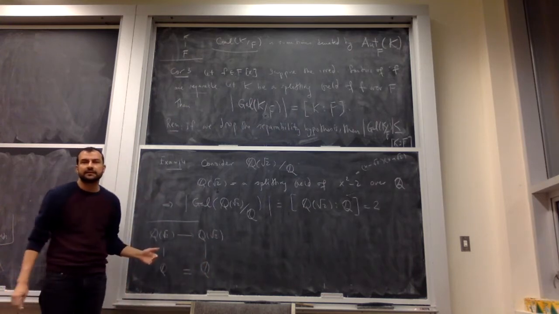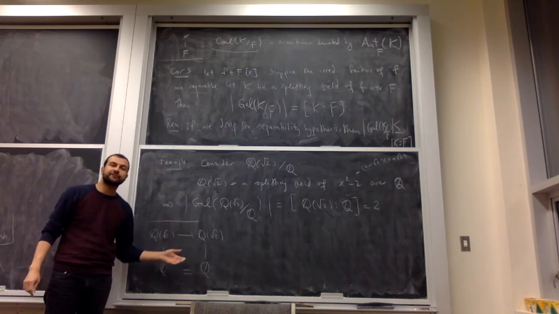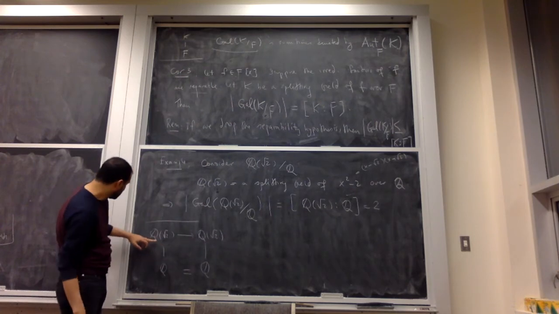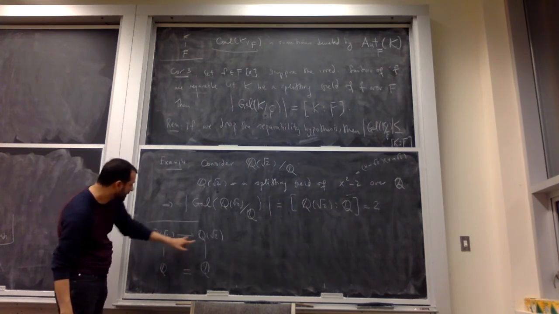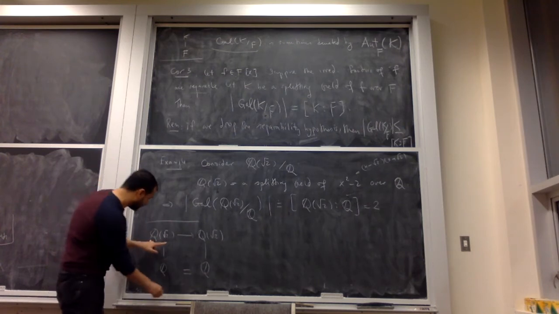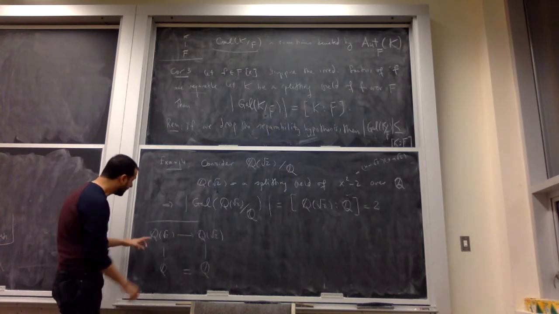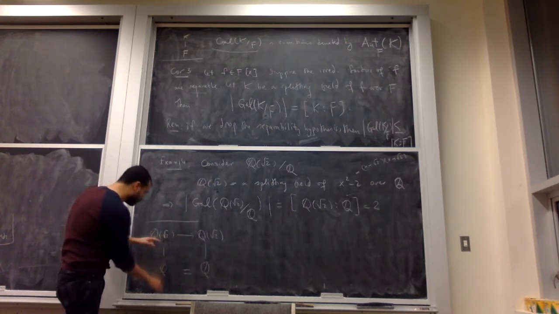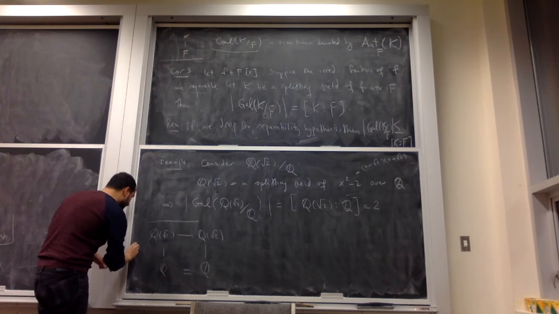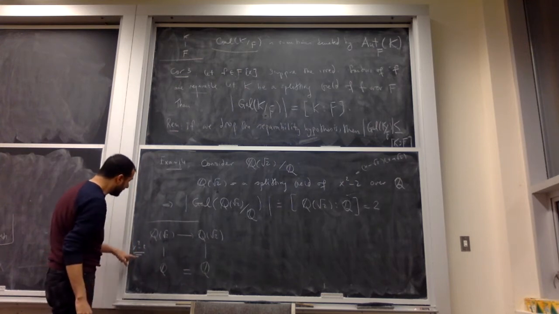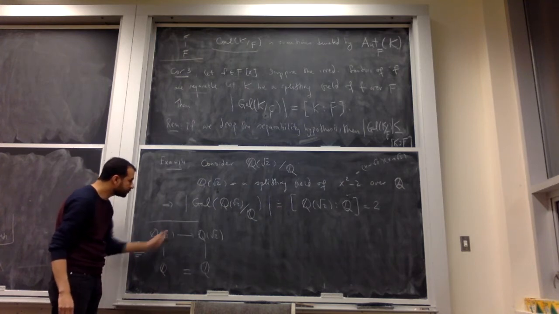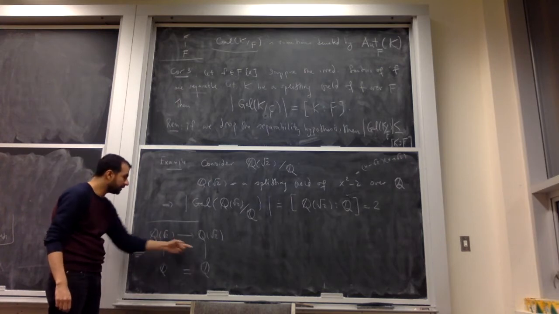Now, use lemma 50 of your textbook. To get maps from here to this field, you want to extend the identity map on Q to a map from here to there. Well, root 2 is a root of the polynomial x squared minus 2. Now, you have to send root 2 to a root of this polynomial in there.